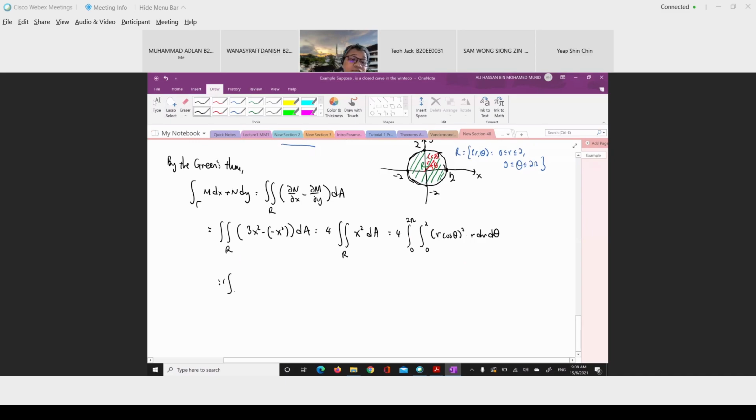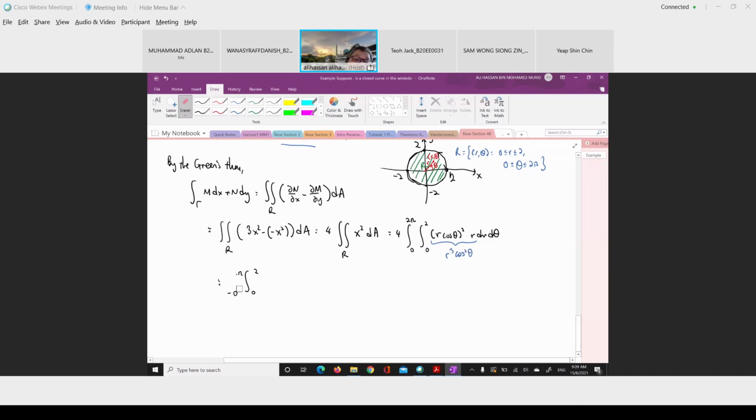So we have 4 times the integral from 0 to 2 pi, the integral from 0 to 2. That simplifies to what? Look at this integrand: we have r squared times r, which is r cubed, and cosine squared theta.